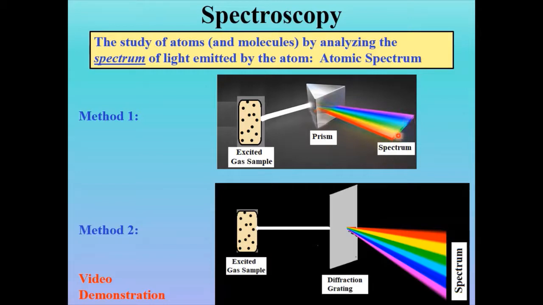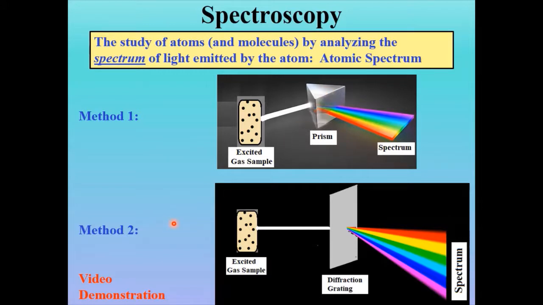And this spectrum is usually shined on a screen, for example, where we can measure where the different colors fall and figure out the wavelengths. Now, the prism is usually not used, but it's easy to visualize what's going on there.